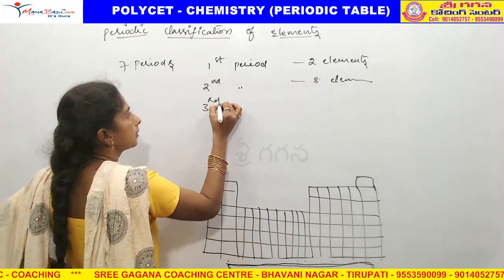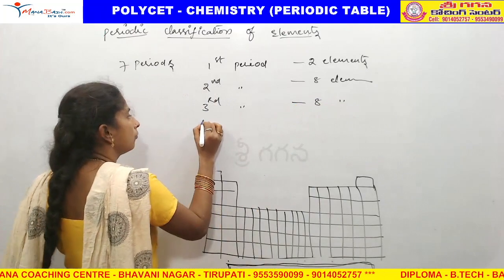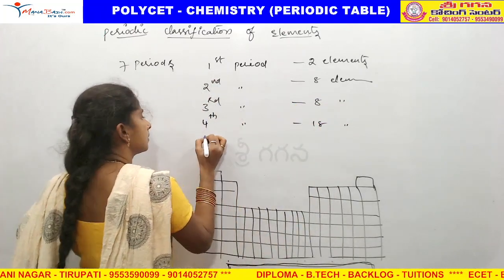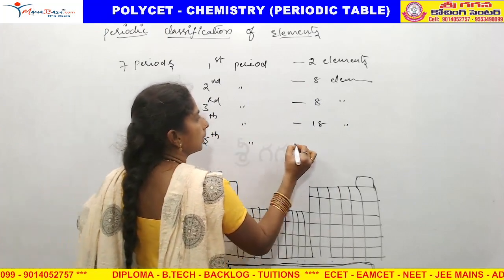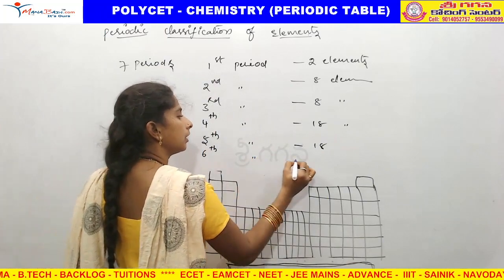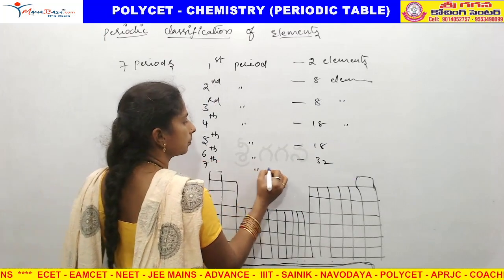Third period 8 elements again. Fourth period 18 elements. Fifth period again 18 elements. Sixth period 32 elements. Seventh period is still incomplete.